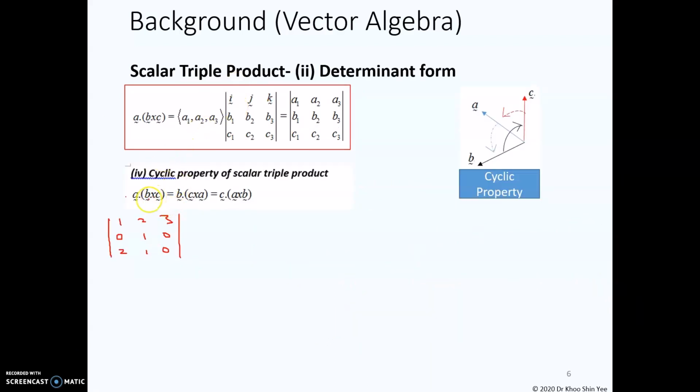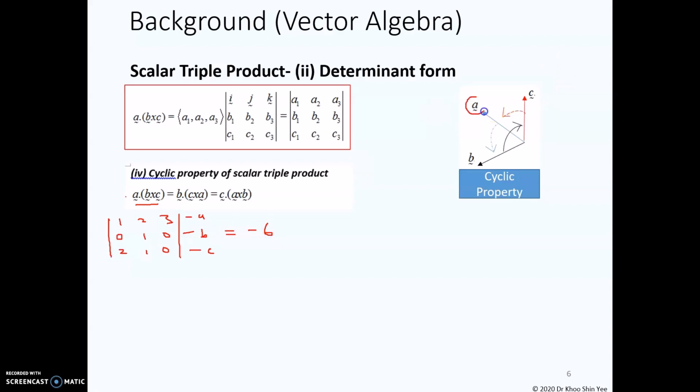Previously you learned how to perform the scalar triple product A dot B cross C here, where we use the determinant. For the first row you have the A vector, second row you have B vector, and C to be the third row. And you obtain the answer to be negative 6.